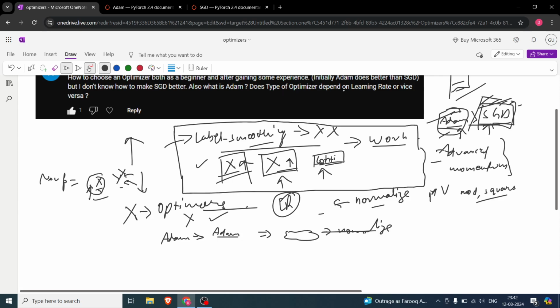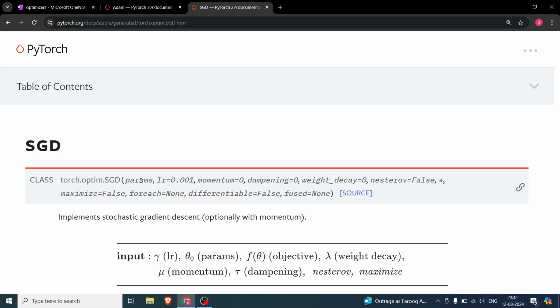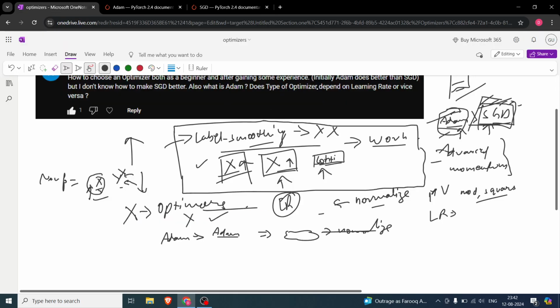Does the type of optimizer depend on learning rate? No, actually, learning rate is a hyperparameter. Learning rate is everywhere. You see, in Adam also there is a learning rate, and in SGD also there is a learning rate. So it's a hyperparameter. It does not depend on the optimizer.